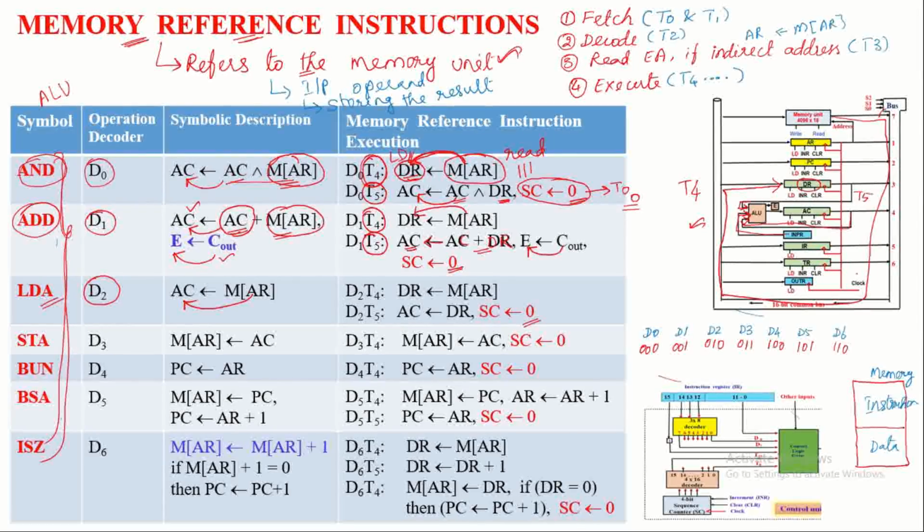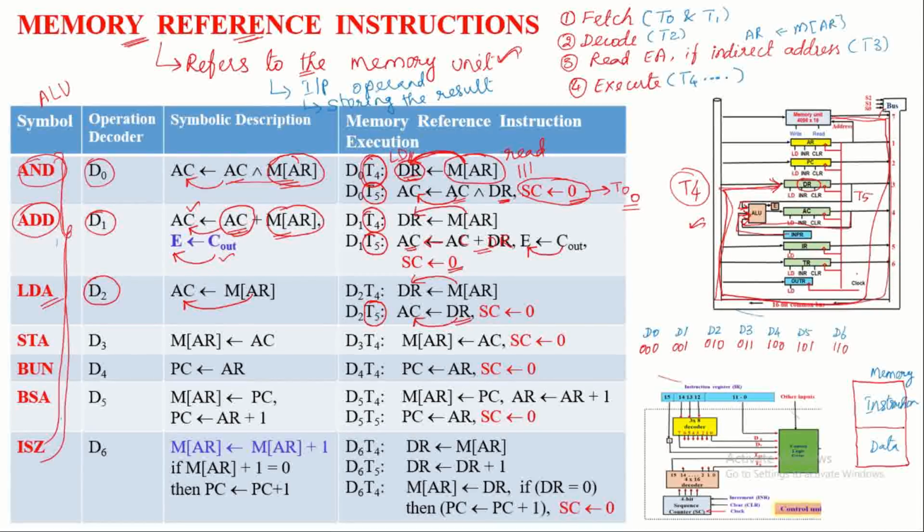Since there is no direct connection from the memory word to the accumulator, during the timing signal T4, that memory word needs to be transferred to the data register, and in the next timing signal T5, that content from the data register can be transferred to the accumulator. At the end of the instruction execution, the sequence counter value needs to be cleared.